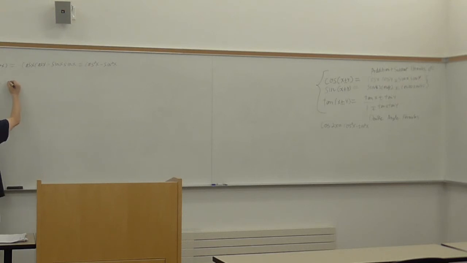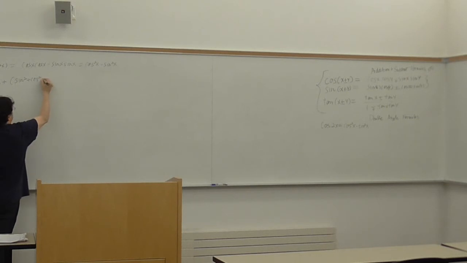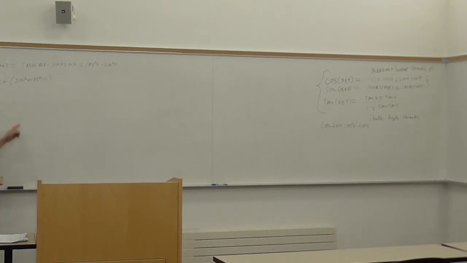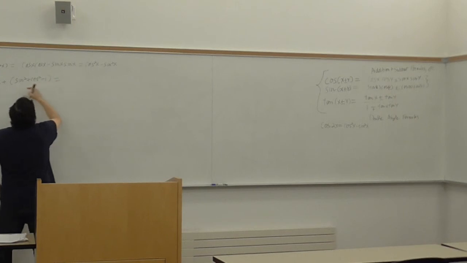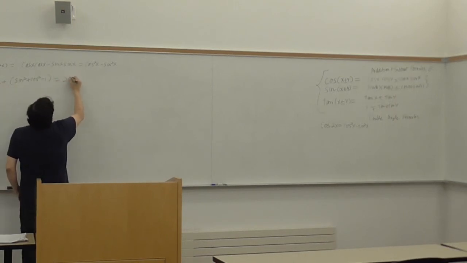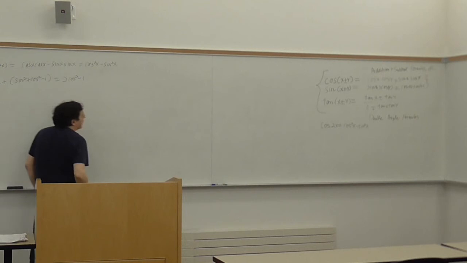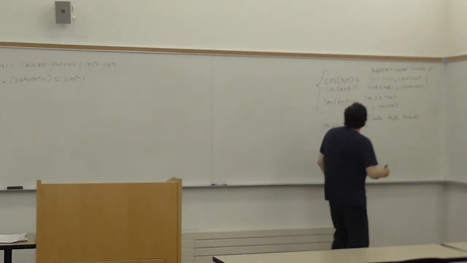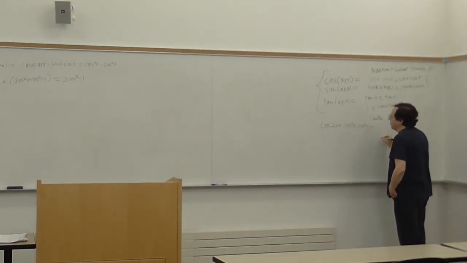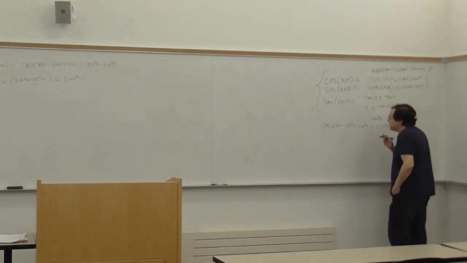So we could just add sine squared plus cosine squared minus 1, because what is sine squared plus cosine squared minus 1? 0, yeah, you can add 0. But that makes this look a lot nicer. The sines drop out and you get 2 cosine squared minus 1. So this is an alternate way of looking at cosine of 2x. It's 2 cosine squared x minus 1.